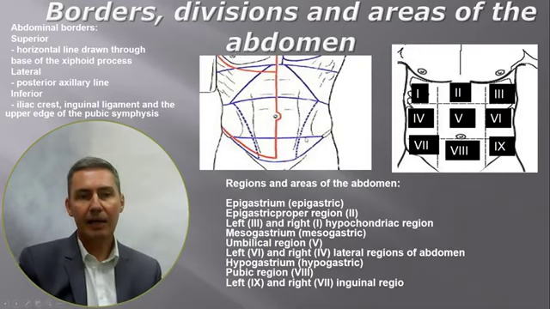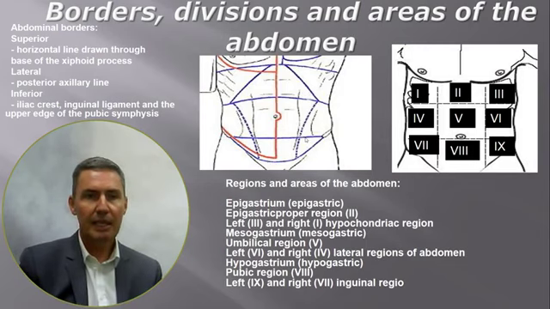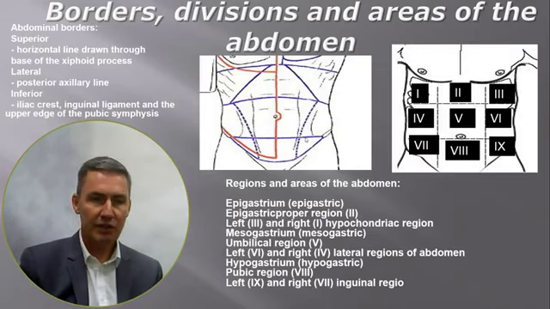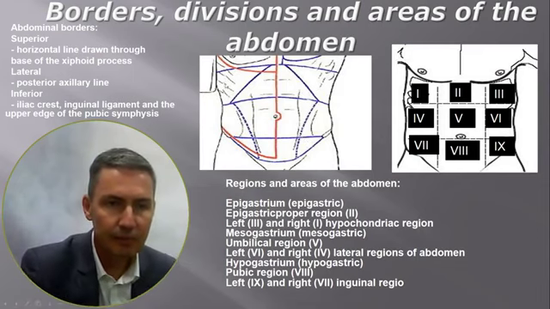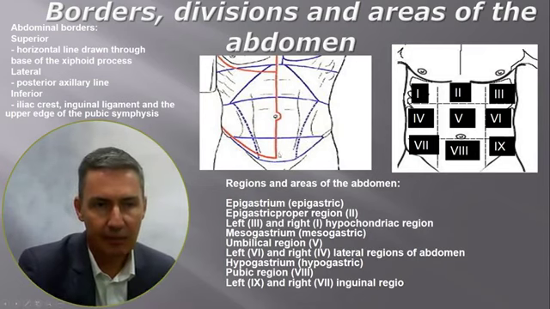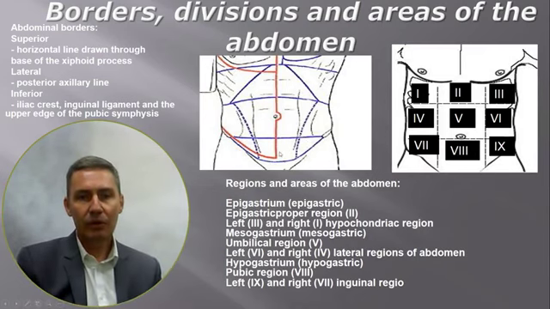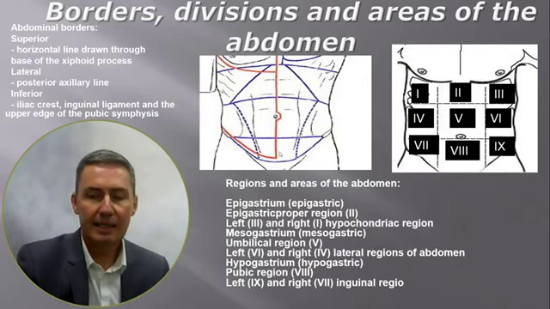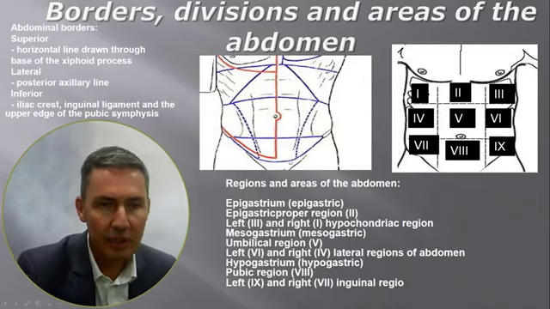So bicostal, or linea bicostarum, and bispinal, or linea bispinarum. Because of these two lines, the region of the abdomen is subdivided into three big topographical regions: the epigastrium, mesogastrium, and hypogastrium. Then we can also draw two vertical lines along the lateral borders of the rectus abdominis muscle.